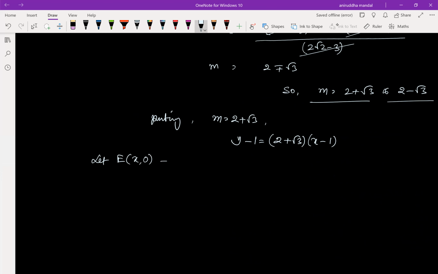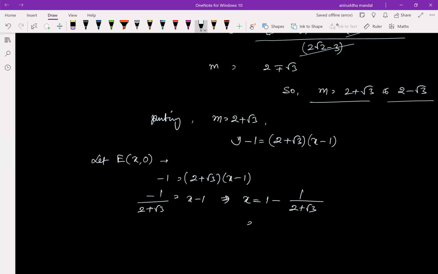So now putting the value of y as 0, we get minus 1 equals 2 plus root 3 into x minus 1. So we can write this as x equal to 1 minus 1 by 2 plus root 3.